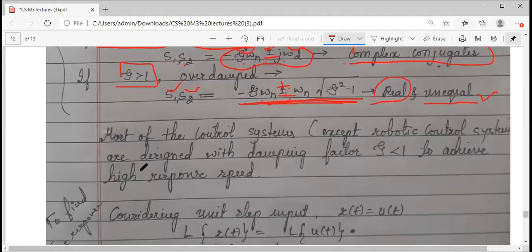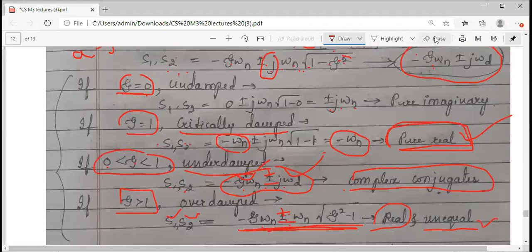Now, as I told you, to find the time response, out of these 4, we can go for all 4 responses. We can choose zeta equal to 0, and we can find the response for equal to 1, less than 1, greater than 1. We can have 4 different analyses.